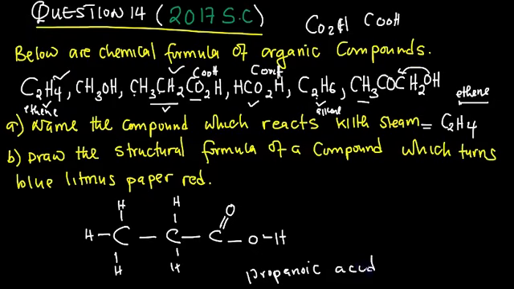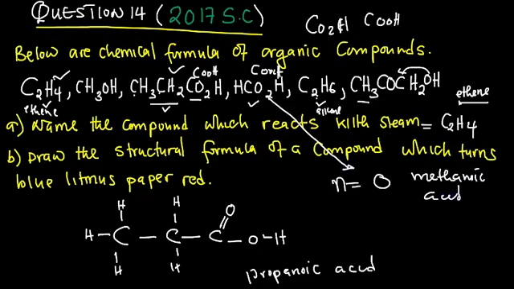By the way, you need to know that the first acid has carbon number 0, which is the methanoic acid. So if you are told that the acid has 2 carbons, just know that it's at position 3. The one that has 1 carbon is at position number 2. The one that has 0 is the one at position number 1. That you should know. So it's the one that turns blue litmus paper red. That is a characteristic of an acid.